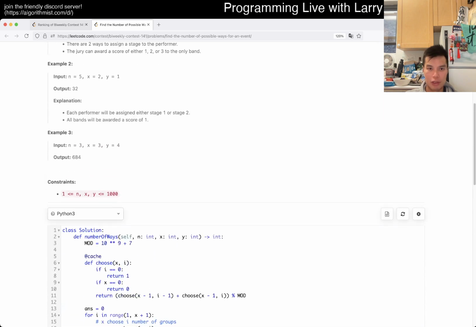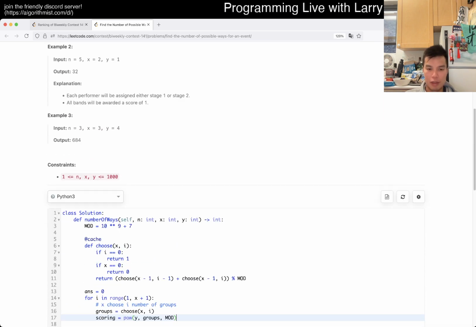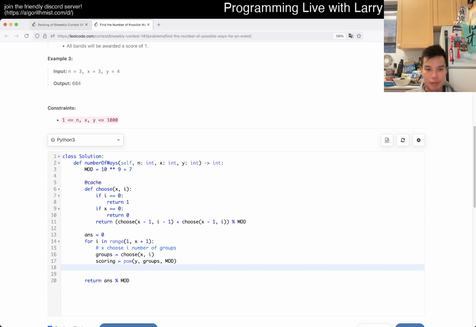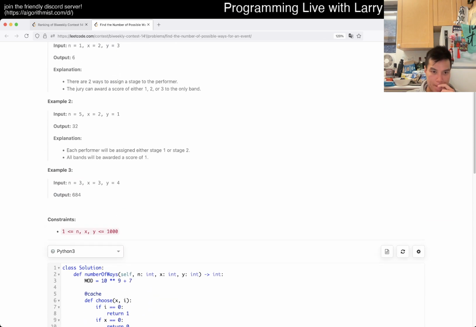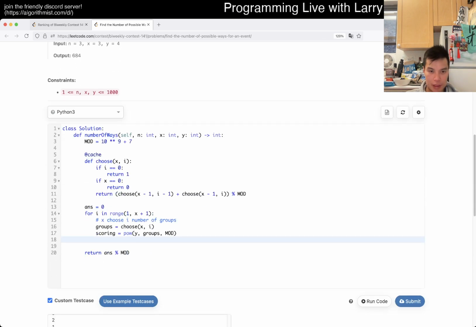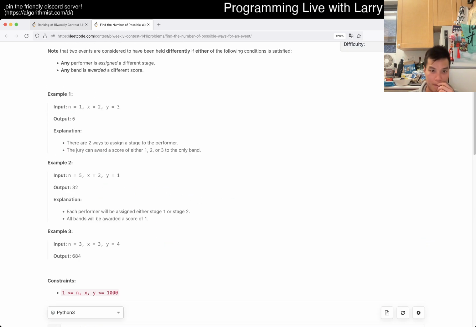So this is the scoring difference, and then now the groups is no, it's 4 to the I for the number of distinct groups, and this is confusing, but yeah, okay, fine, whatever, this is fine.